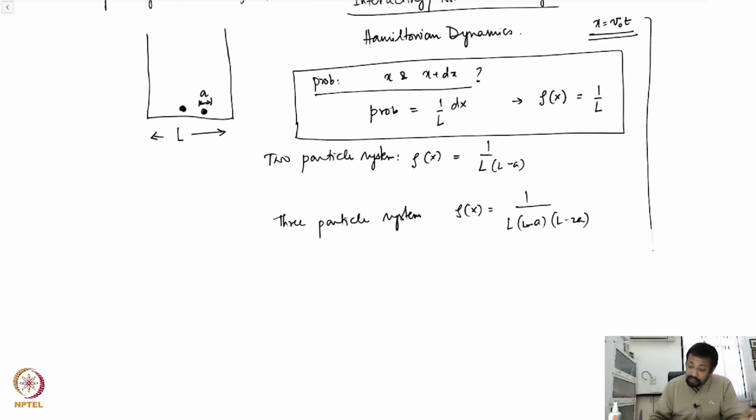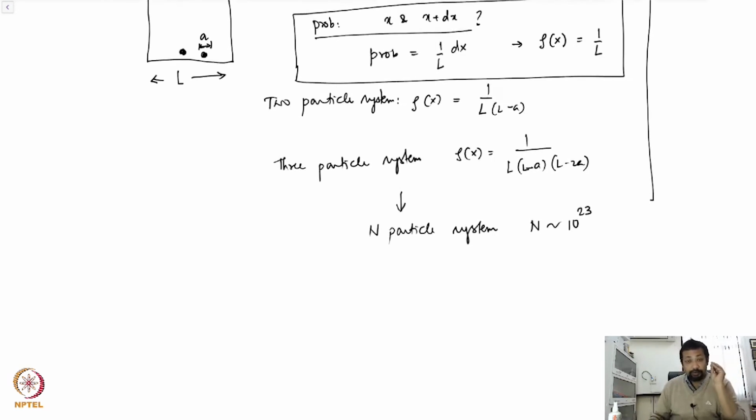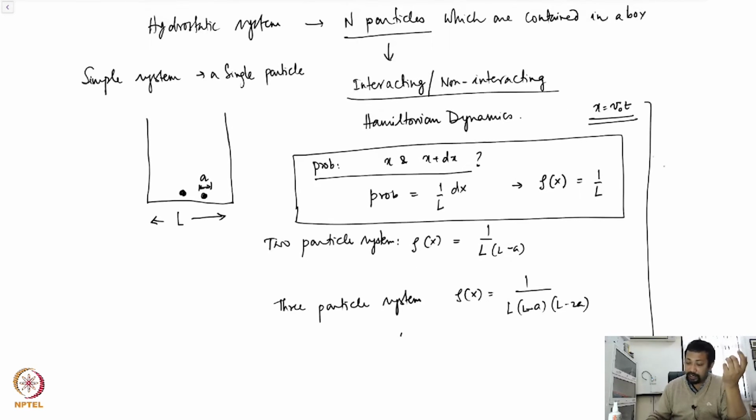So with this thing, if I now go to an n particle system where n is of the order of 10 to the power 23, the Avogadro number, our problem is even more complicated. So we cannot have the deterministic picture that we had when we started off with one particle.